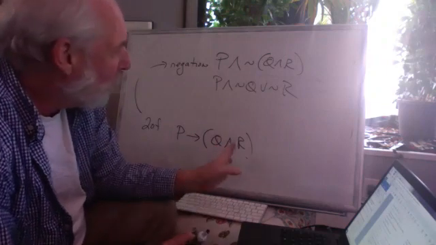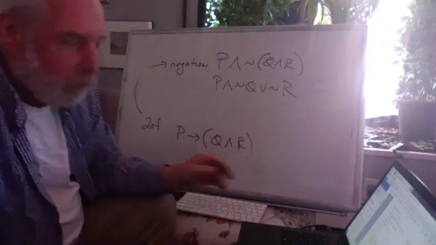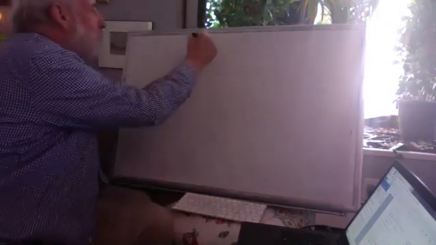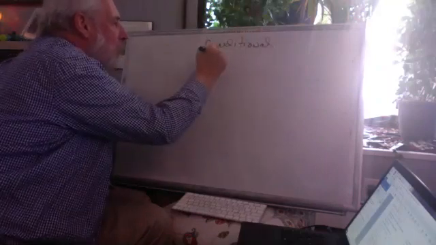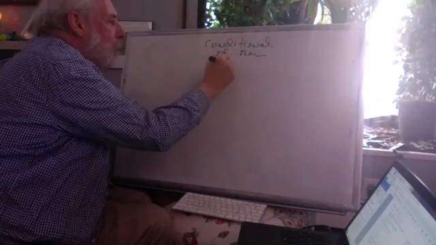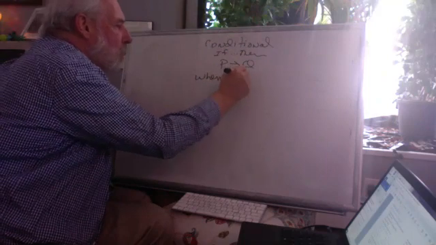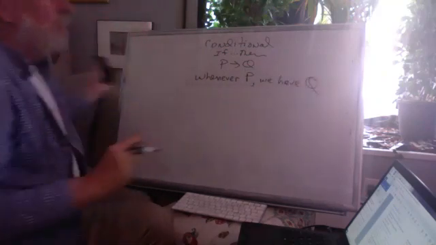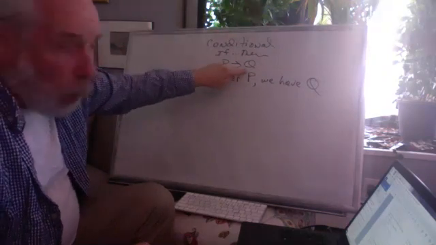So, Michaela, I'm glad you asked that because we're going to look just at the conditional statement today. The conditional statement, which is if P, then Q, whenever P. The conditional statement is whenever you see this thing, you will always have that.